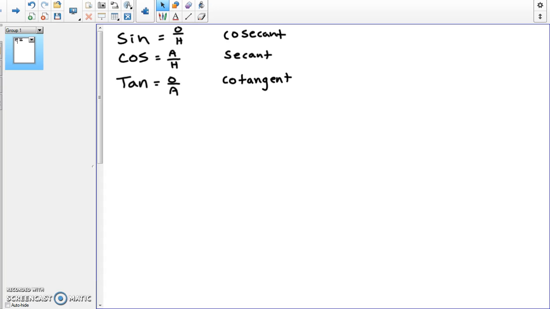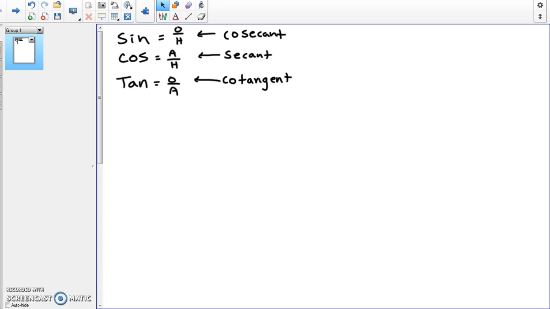And I write them like this because cosecant matches up with sine, secant kind of matches up with cosine, and cotangent matches up with tangent. Yes, I know it doesn't make sense that secant goes with cosine and cosecant goes with sine. I know it feels like it should be flipped, but it's not. This is what math has given us, so we roll with it.